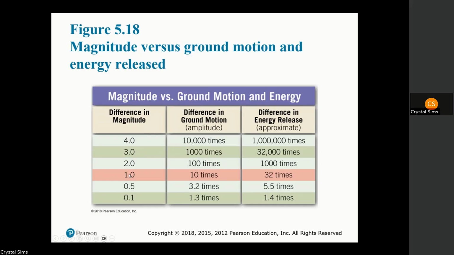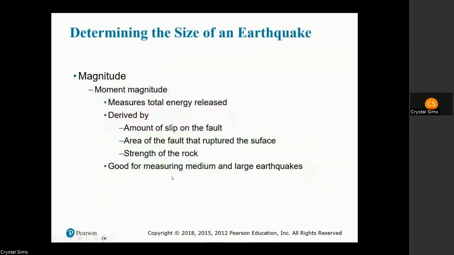So an earthquake that is magnitude 4 is 10,000 times the amplitude of one that is a Richter scale of 1. So you have to think, if we talk about an earthquake that's a 7 or an 8, we're talking about an earthquake that is much more destructive than a 5 or a 6.